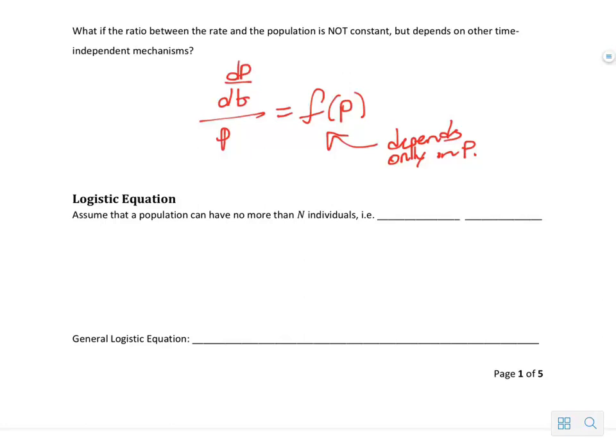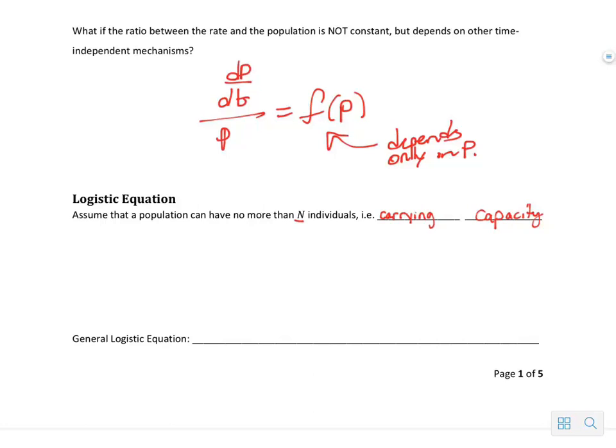And so what we're going to look at is a model called the Logistic Model, or Logistic Equation, where we assume that a population can have no more than some number of individuals, which we're going to refer to as our carrying capacity. Okay? So how do we do that? Well, it's that same idea of what I just said. It's going to grow proportional to the size of the population, but also as we get close to the carrying capacity, that growth rate should slow down.